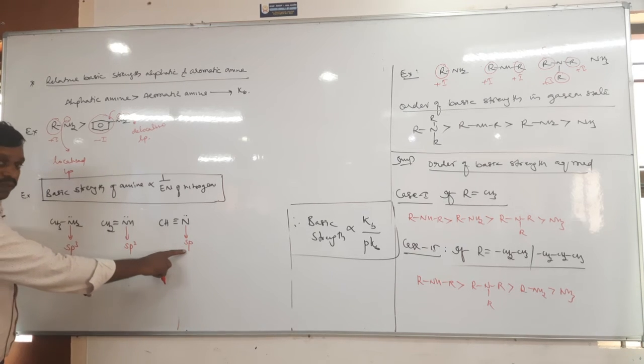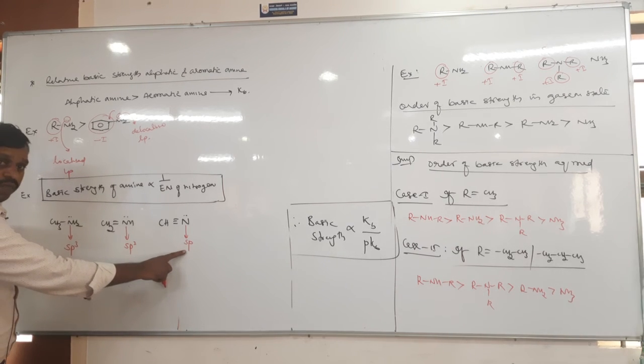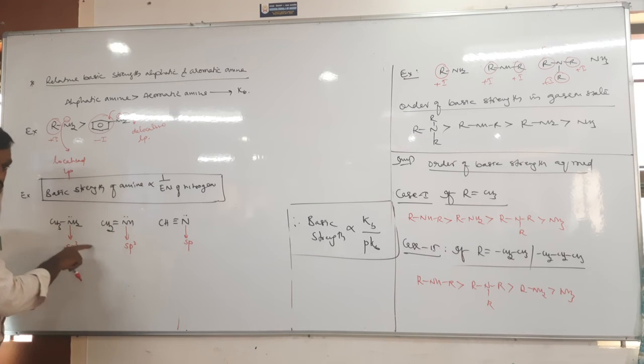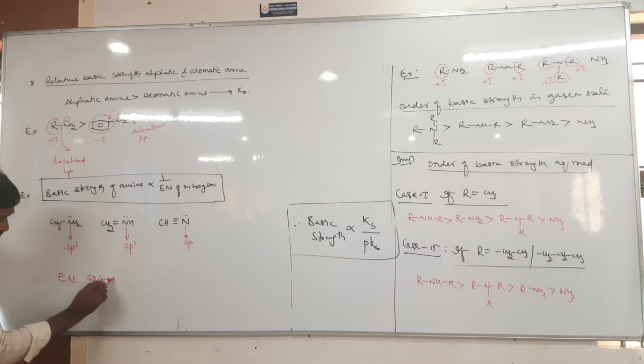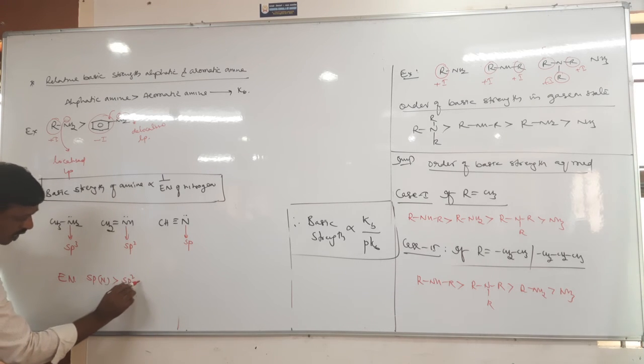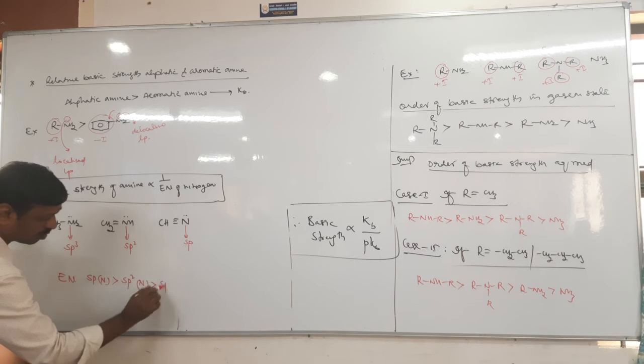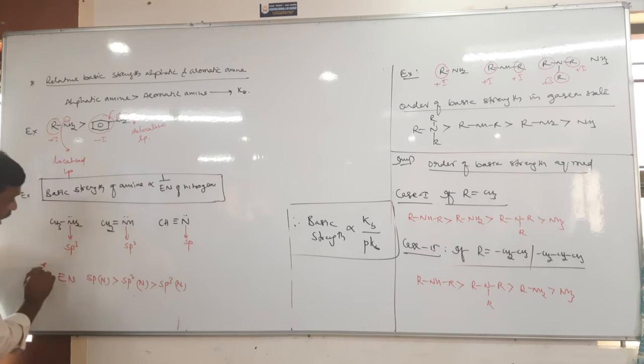sp nitrogen has more electronegativity, then sp2 nitrogen, then sp3 nitrogen. Of course all three are nitrogen, but all three nitrogens do not have the same electronegativity.